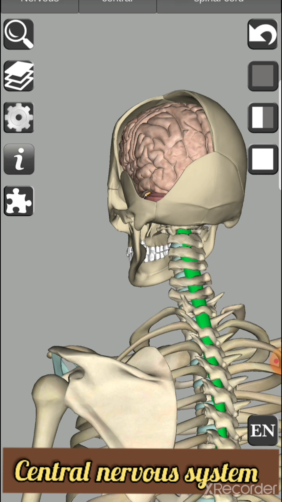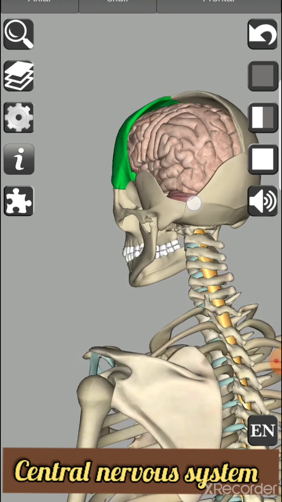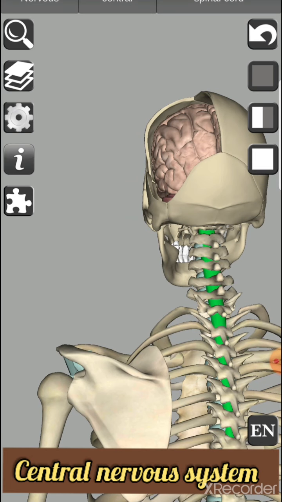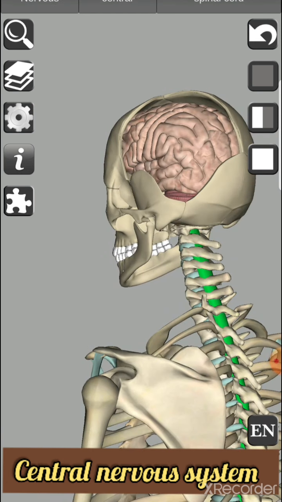That cavity is known as the central canal. So the cavity in the brain is known as the ventricles, and the cavity in the spinal cord is known as the central canal.